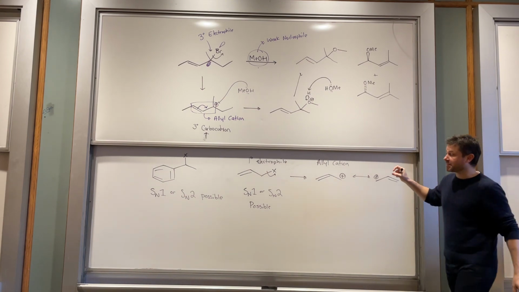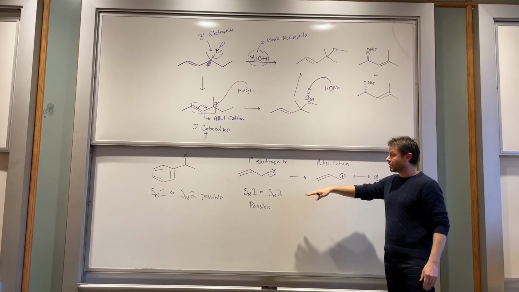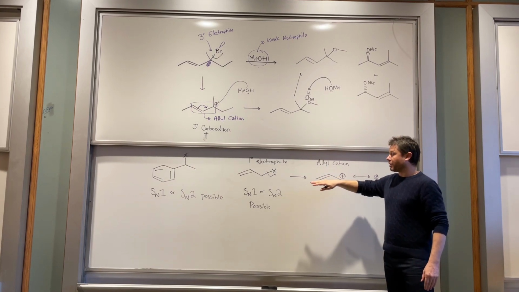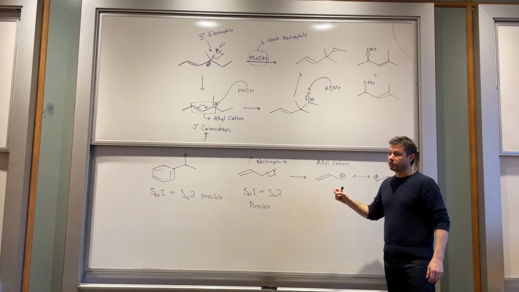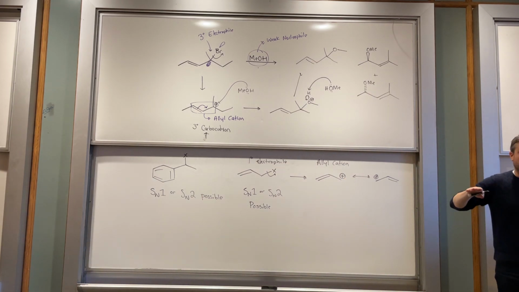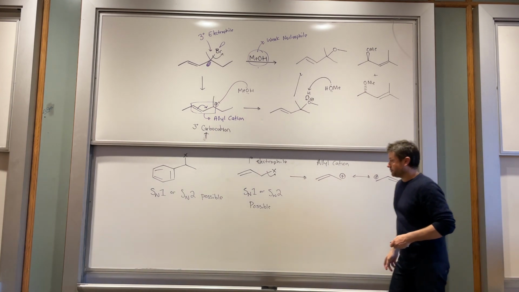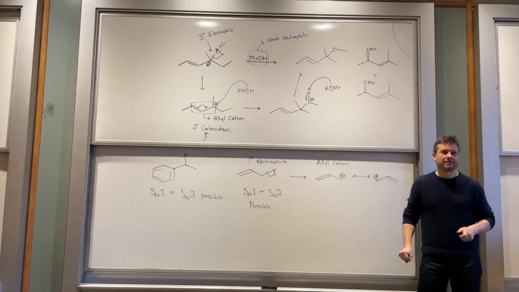And there are actually even some examples where a molecule can undergo substitution through both pathways, right? If the energies of those pathways are close enough, or similar enough, right, then SN1 and SN2 mechanisms can occur on the same electrophile. Any questions about this?